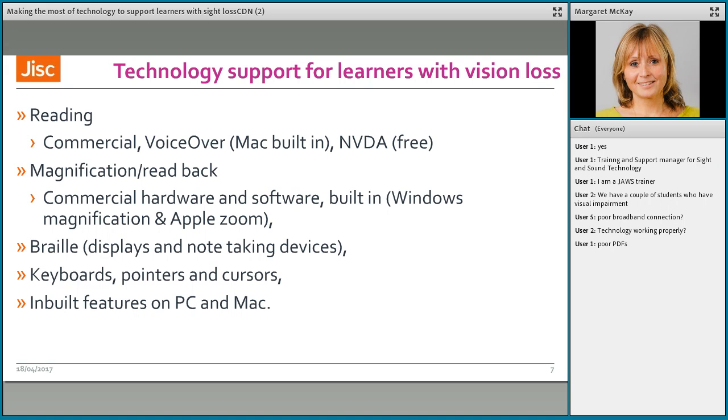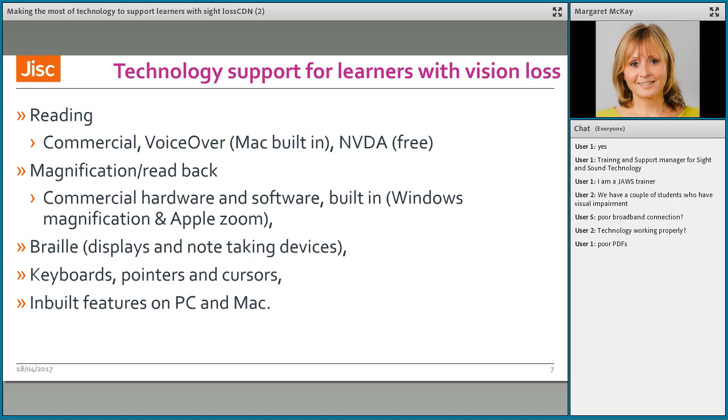There's quite good information on the website, where there's guidance about how you could use NVDA as a screen reader to check the accessibility, for example, of your websites.